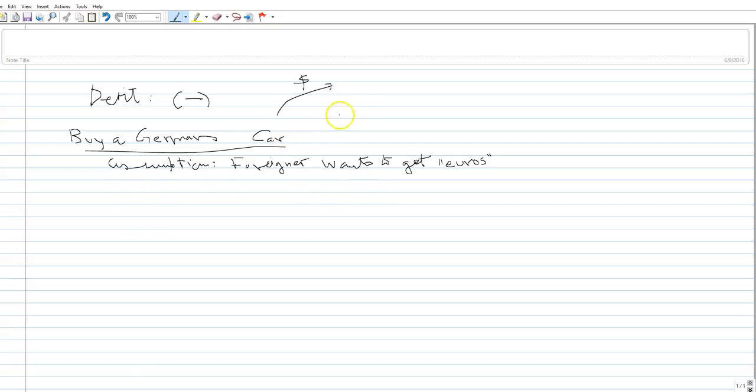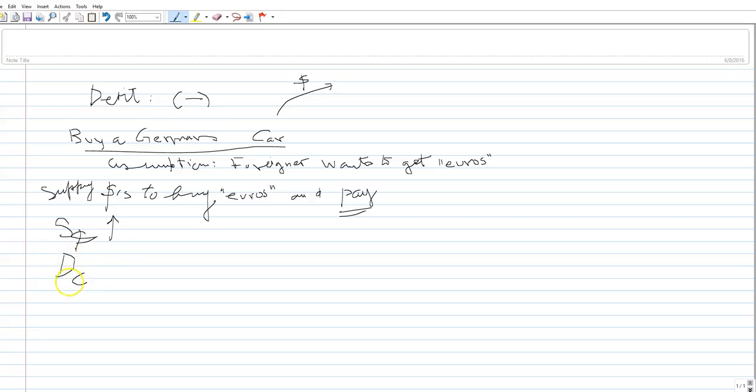So in order to buy the vehicle, we have to take our dollars. We need to supply our dollars to buy euros and pay. As this transaction occurs, the supply of dollars will increase, and simultaneously the demand for euros will increase.